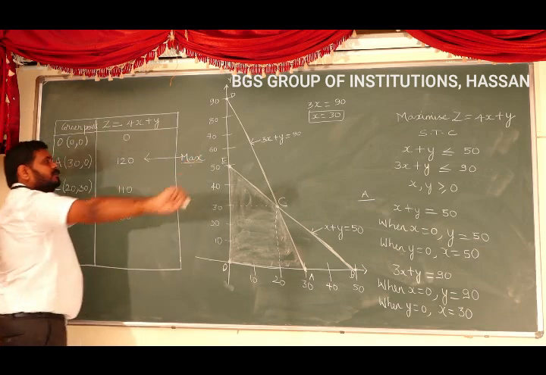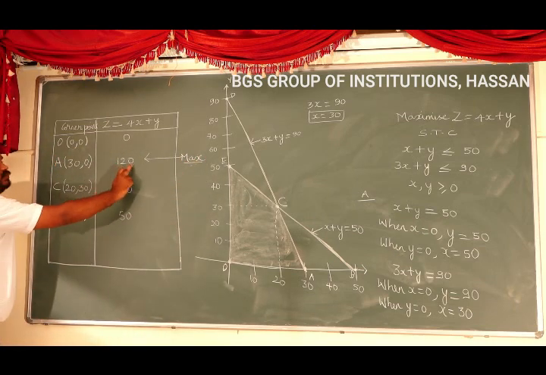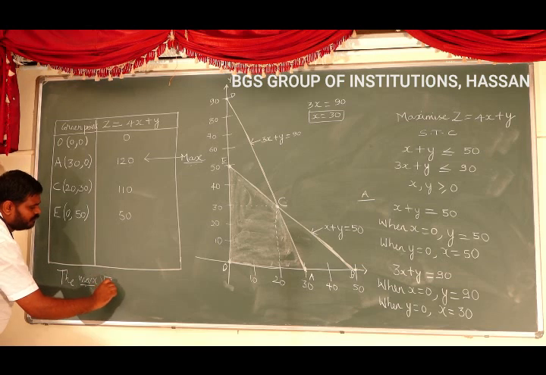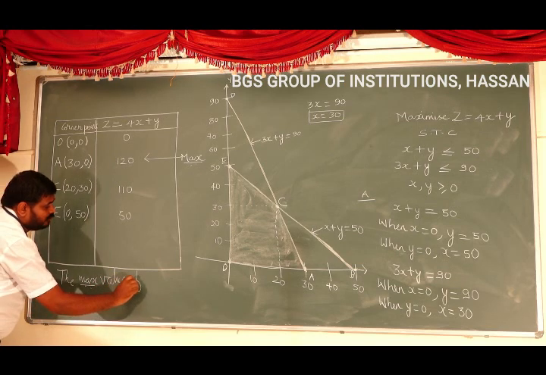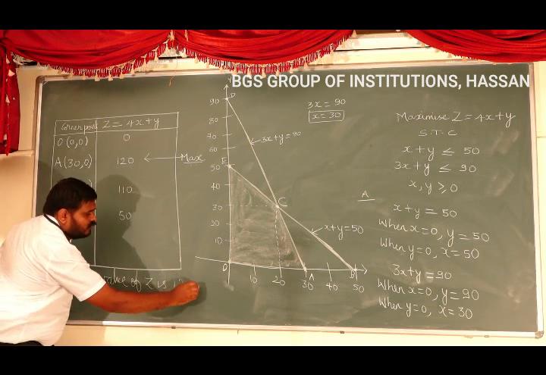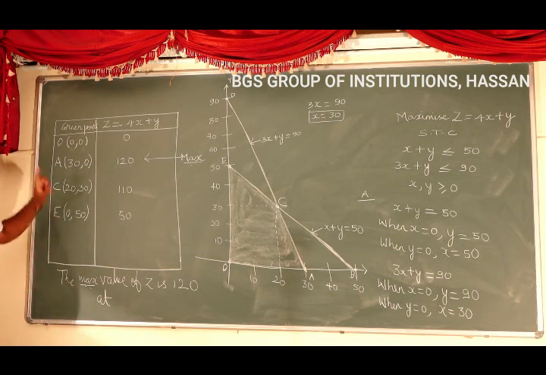The maximum value of z is 120. You need to write that as maximum. The maximum value of z is 120 at, see, at the point, what's the point over there?